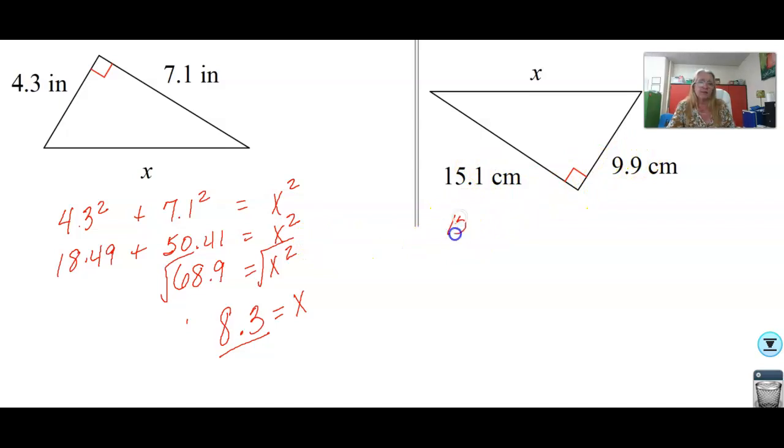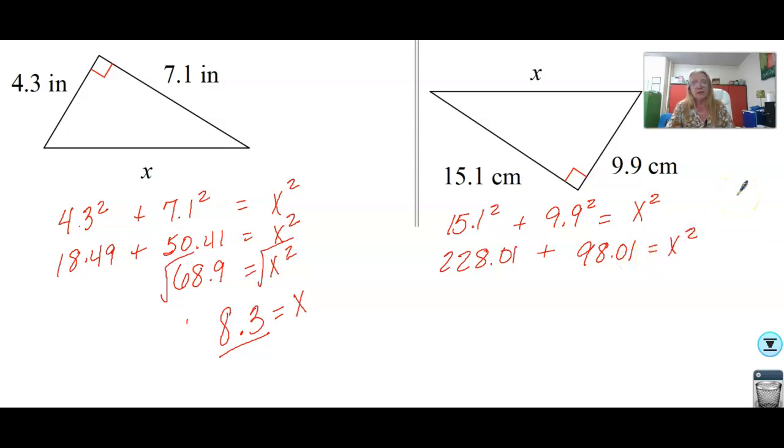It's one less step. So we're going to do 15.1 squared plus 9.9 squared equals x squared. 15.1 squared is 228.01 plus 9.9 squared is 98.01.